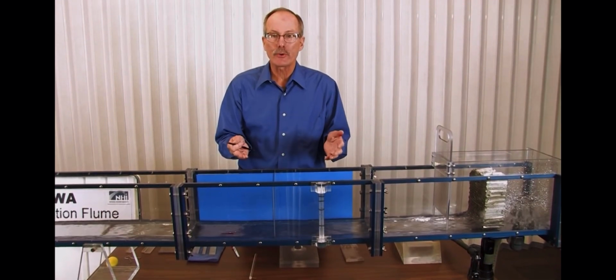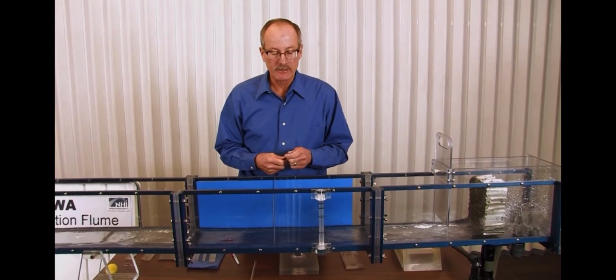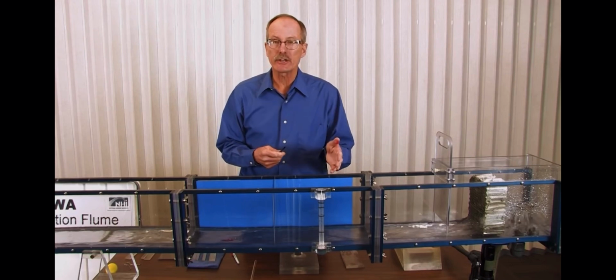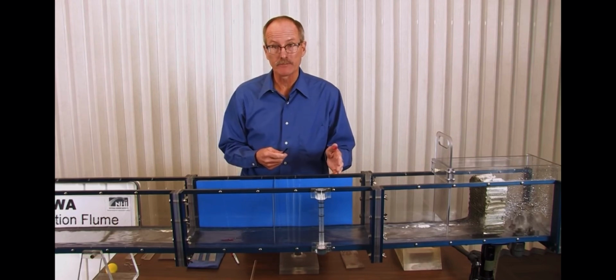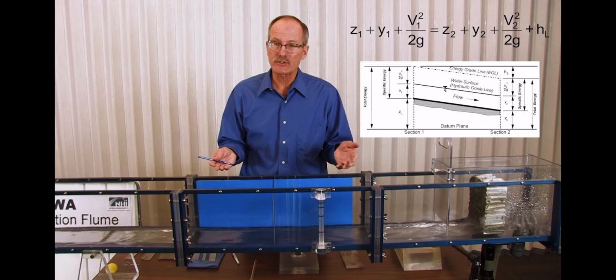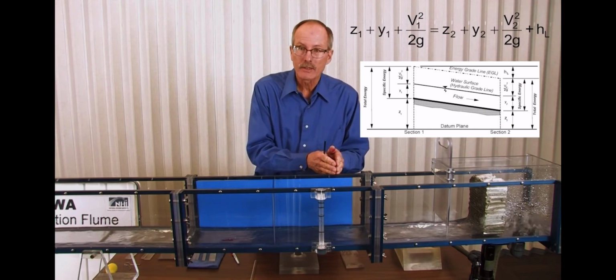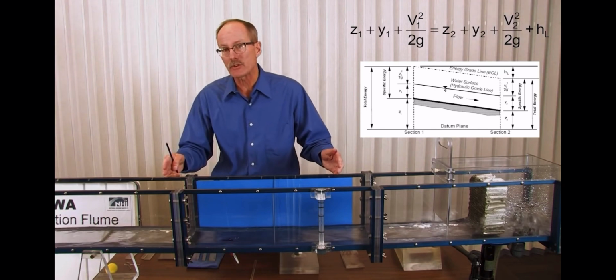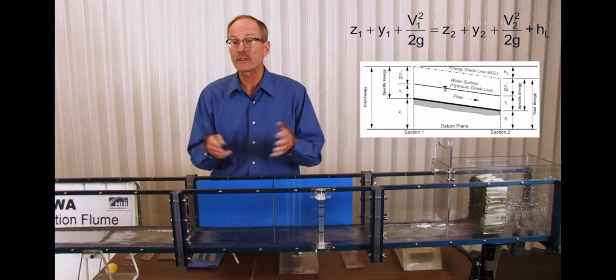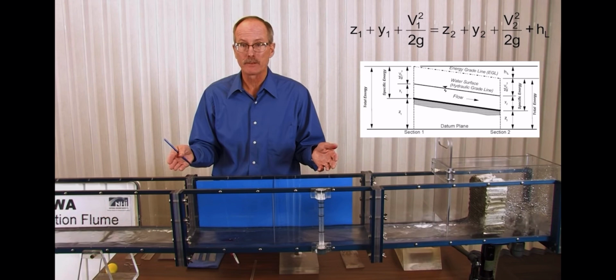The sum of all three components of energy defines the total energy grade line at that cross section. And what the energy equation says, the energy at section 1 should equal the energy at some downstream section 2 plus the intervening head loss.